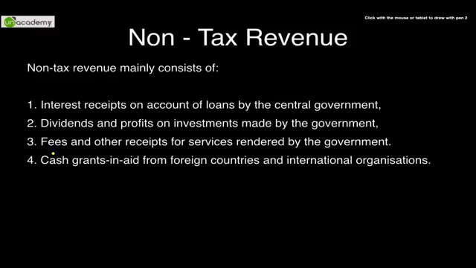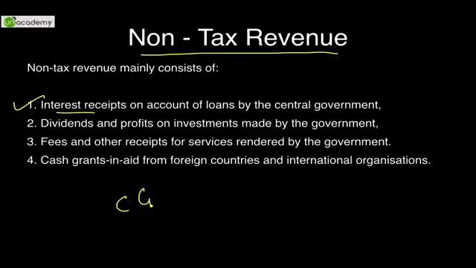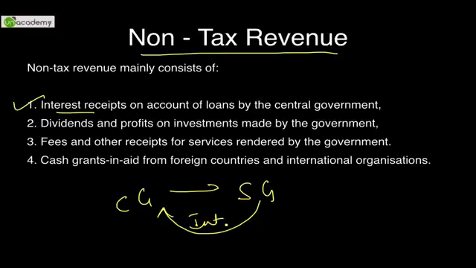The second type of revenue receipt is non-tax revenue. It mainly consists of interest receipts. Central government granting a loan to state government would get interest in return. That kind of interest receipt is considered to be non-tax revenue, on account of loans by the central government.